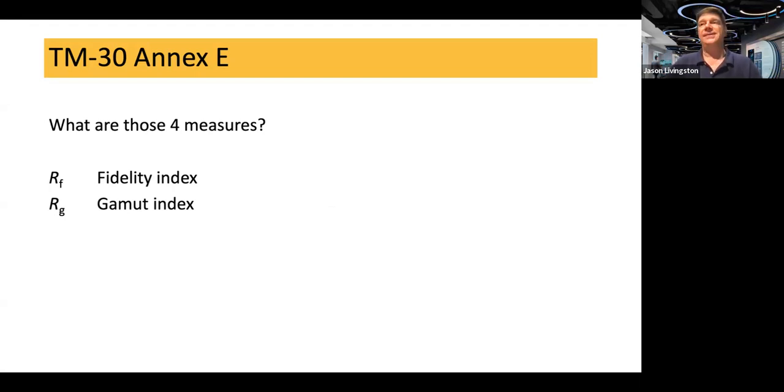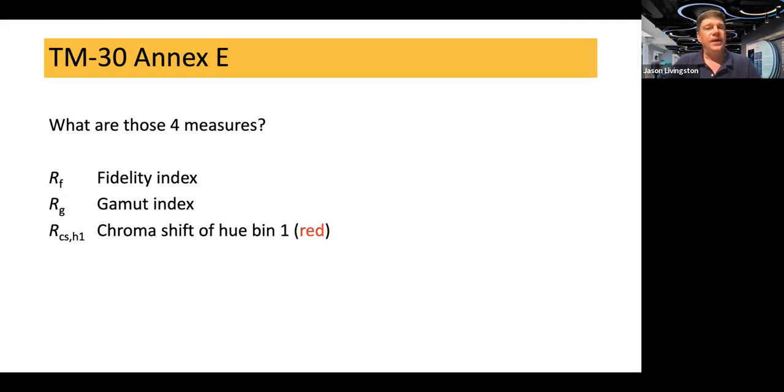So the gamut index asks, broadly speaking, is this light source causing colors to increase in saturation or chroma? Is it causing colors to decrease in saturation or chroma? Or is it causing no change? And this is global, so we're averaging out the color shifts of all of the color samples that are used in TM-30.